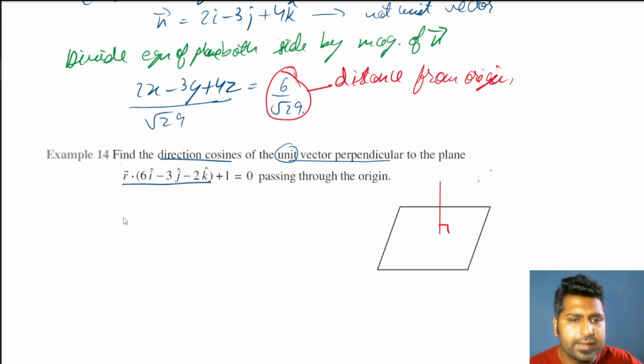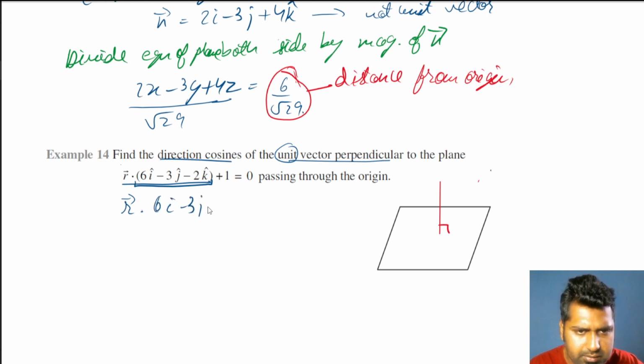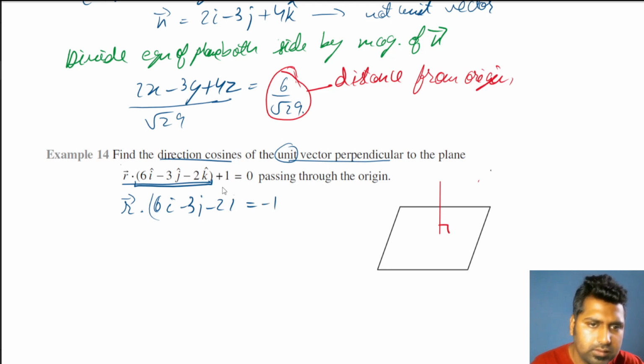We need the direction cosine. We already know this form: if I take 1 to the other side, r dot (6i minus 3j minus 2k) is equal to minus 1.